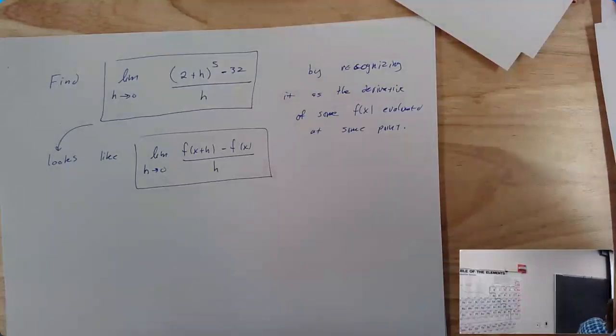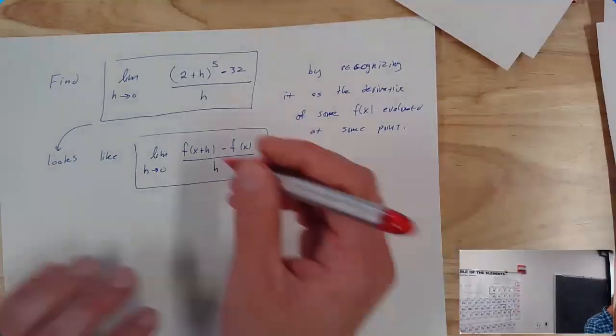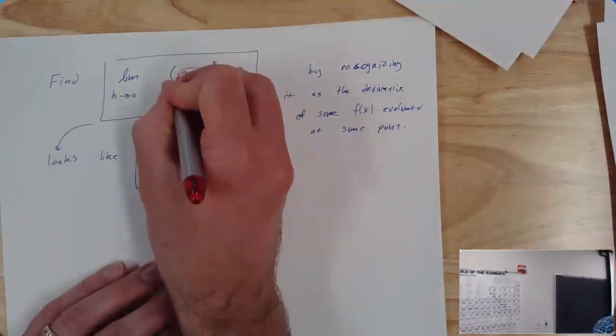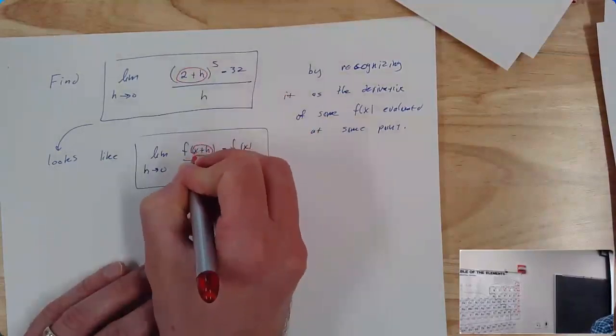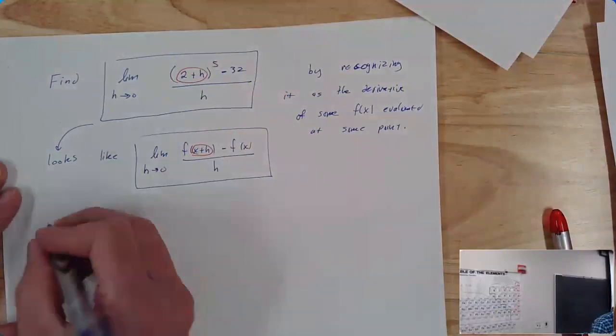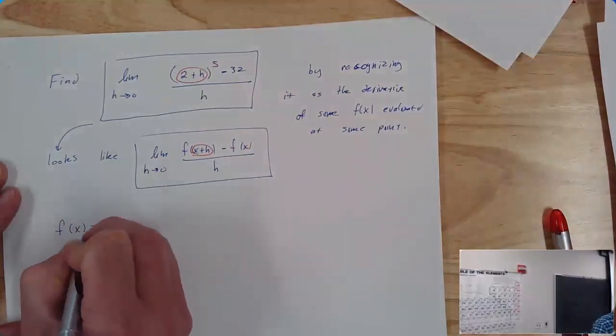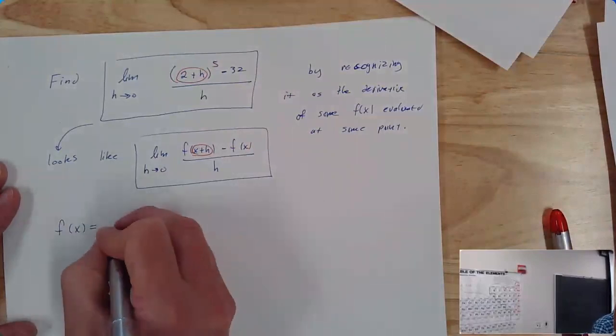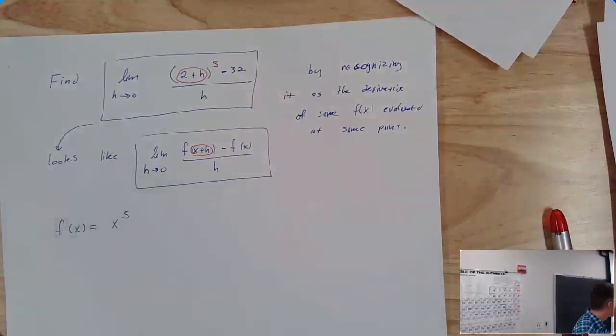Well, I see a really good clue. It looks like my 2 plus h is my x plus h. So if I had to think about this, I would say, okay, it looks like my f of x is probably something being raised to the 5th power.